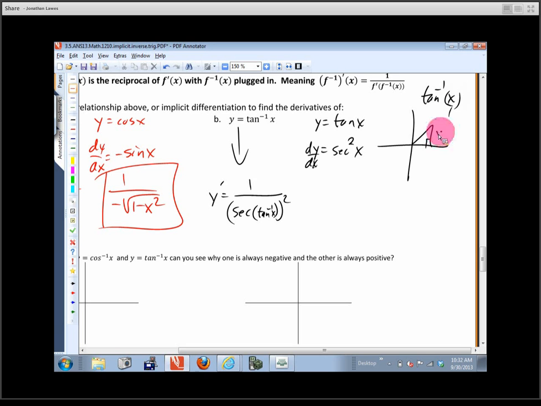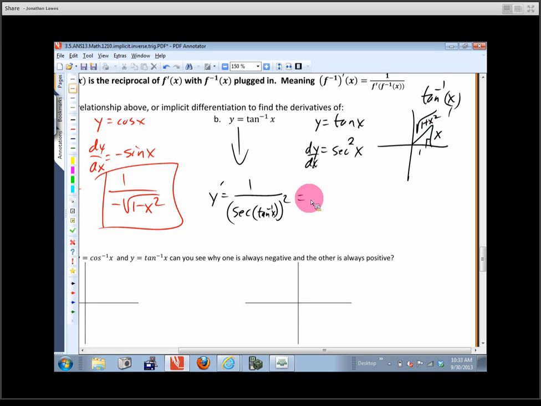Opposite, or it's the y coordinate, right? And this would be the adjacent, opposite over adjacent. So I need the hypotenuse here. What's the hypotenuse? Square root of the two of those added together, right? So that takes care of the tangent inverse of x. I want the secant of that. Secant is?